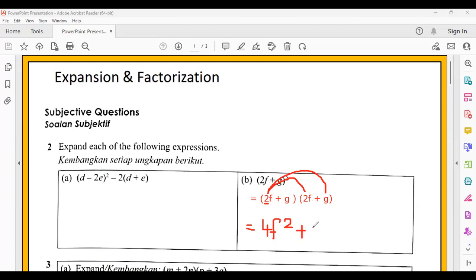And it's positive. So it's 2fg. Got it? Now the term inside, g times 2f. So it's also positive. So plus 2fg, again, fg. And then g times g, and that will give you g squared.